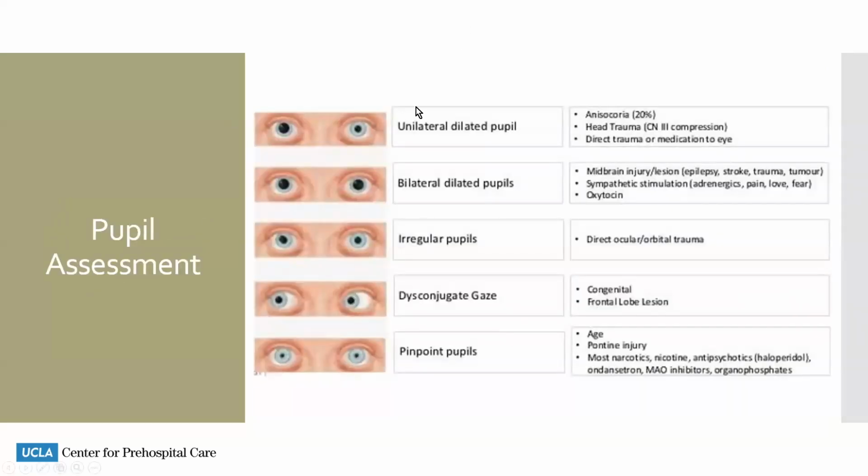So here are some pupillary pictures to just show you. A disconjugate gaze means I'm talking to you, but the eyes are going opposite ways. That's not appropriate. Pinpoint pupils: when you look at your little scale, you will see the pinpoint pupils are 1 and 2 millimeters, primarily, on your penlight.